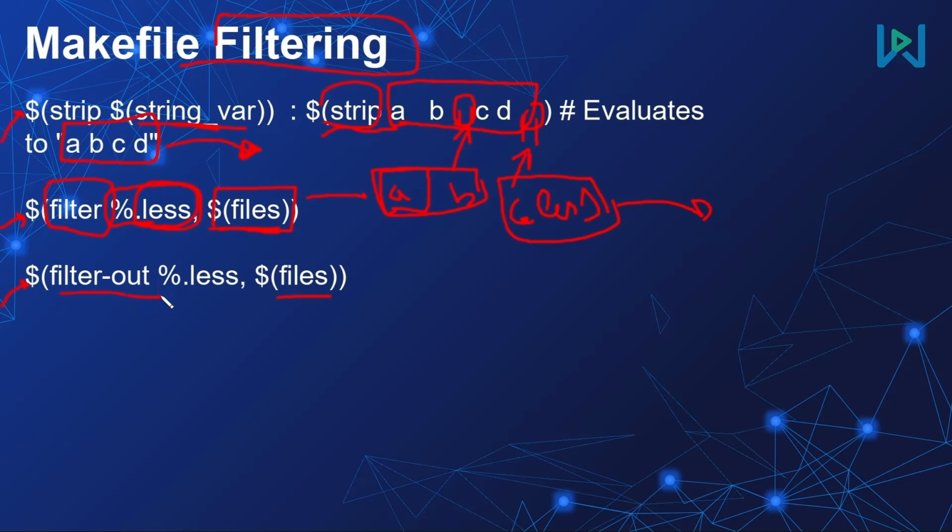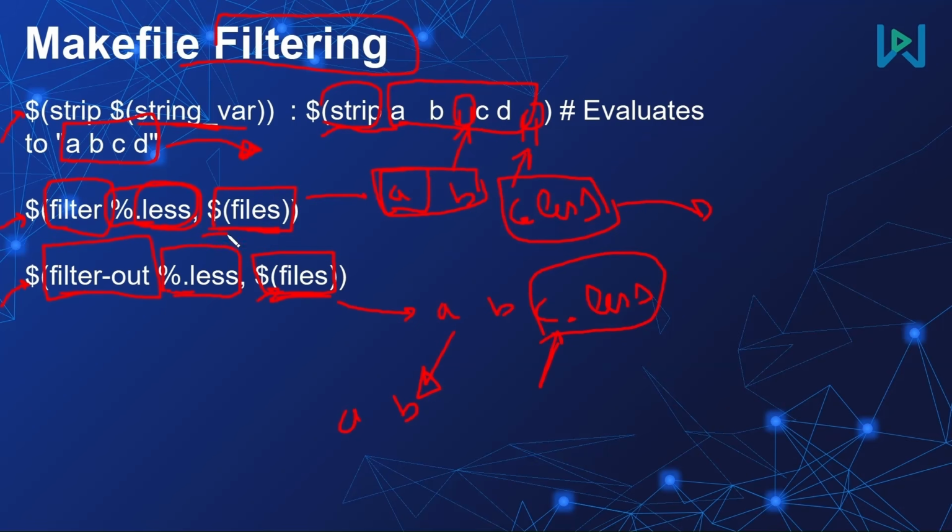Then we have this filter-out built-in function. This one will parse again this Makefile variable content, expand it of course to a set of files. This will be the content of our files Makefile variable, but this time it will throw away this matching pattern, and the end result will be the content of our Makefile variable, but without this pattern.